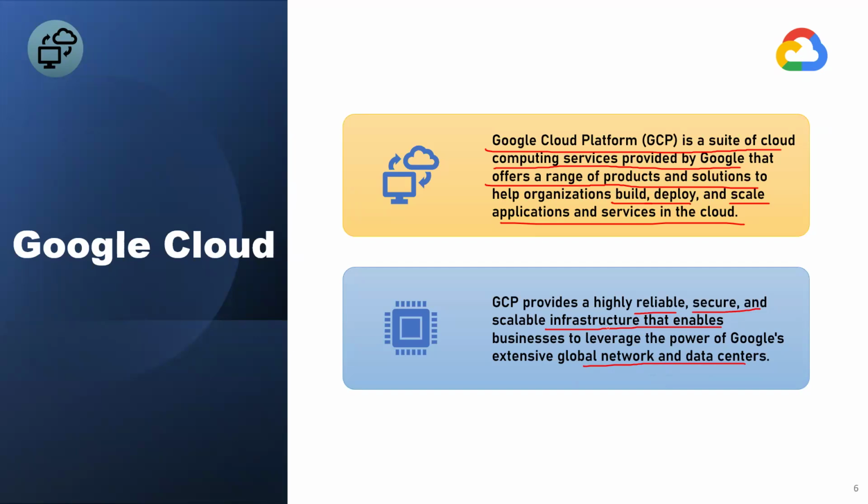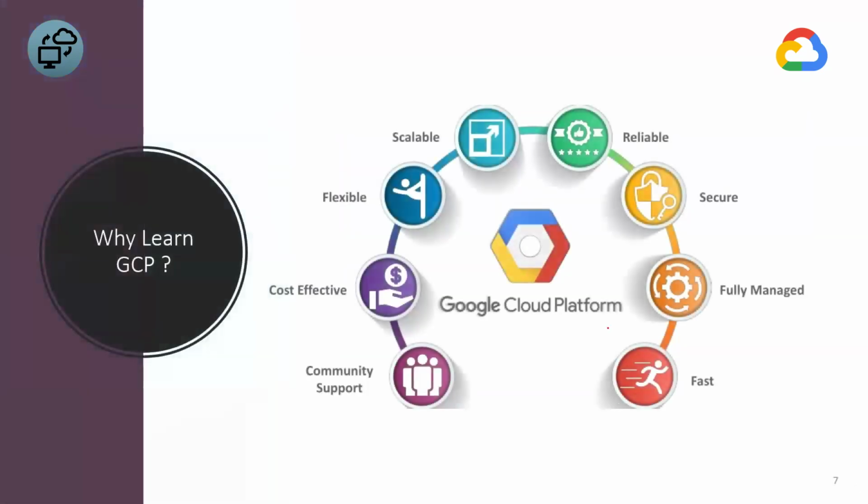These services are very useful for the organizations to build the application, deploy the application, and scale the application. Similarly, if you wanted to store the data, process the data, and analyze the data, Google Cloud Platform has its set of services. And Google Cloud Platform has very good community support. And Google Cloud Platform provides you cost-effective services.